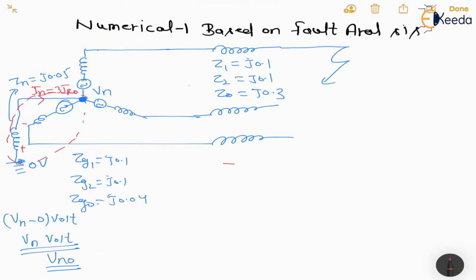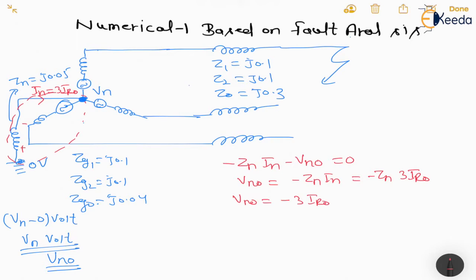So what we can write is minus Zn into In minus Vn0 is equal to 0. So Vn0 will be minus of Zn into In, which means minus of Zn into 3 into IR0. So Vn0 is minus 3 into IR0 into Zn.